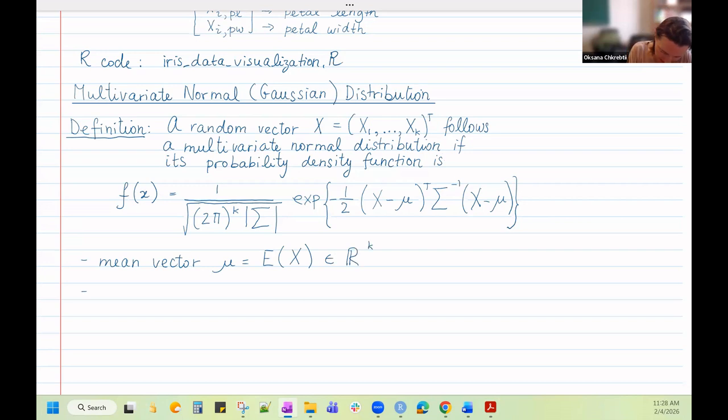The covariance matrix, which I'm going to call sigma, is the expectation of x minus mu times x minus mu transpose.